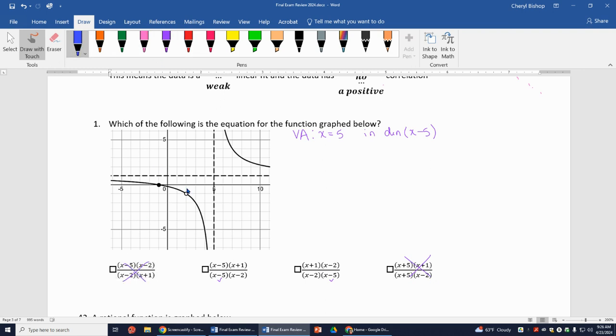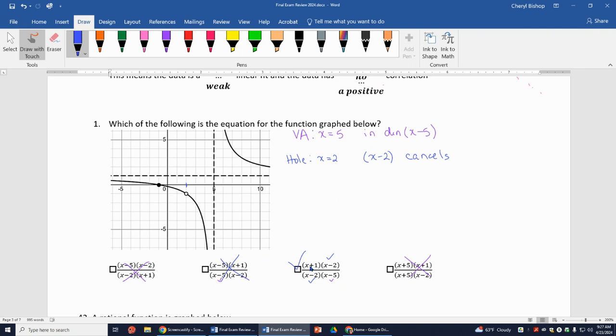The next thing I notice is I have a hole right here. That makes it easy to look at. I have a hole right here at 2. That means I should have an x minus 2 canceling out. So I should have an x minus 2 in the numerator and the denominator that cancels out. So that means, without looking at anything else, this would have to be my answer.